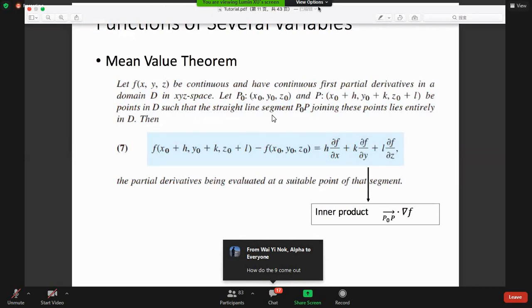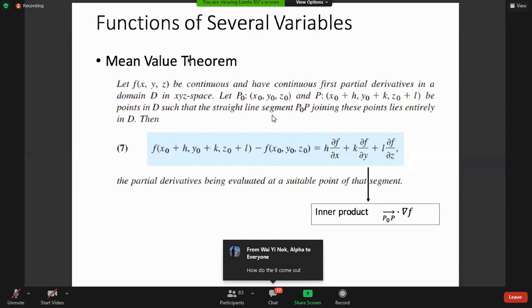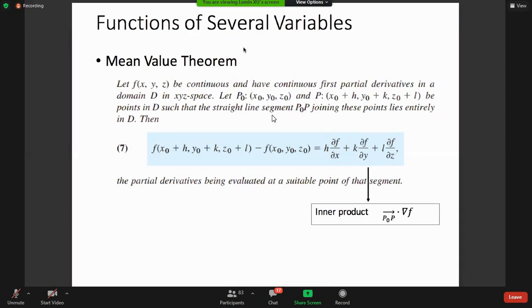I will write something to make it clear. In this example, x0 should be 1, right? y0 should be 1, and z0 should also be 1, right?